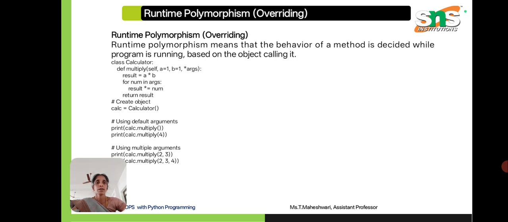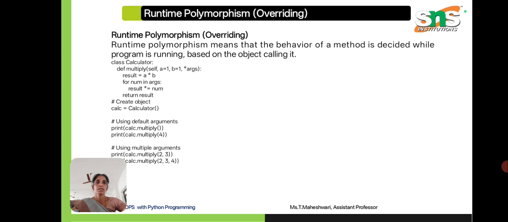Here I have written a sample program for performing different tasks using calculator operations. I am declaring a class called calculator. Under that I have a function. In calculator we have various functions. The first one is the multiply function.